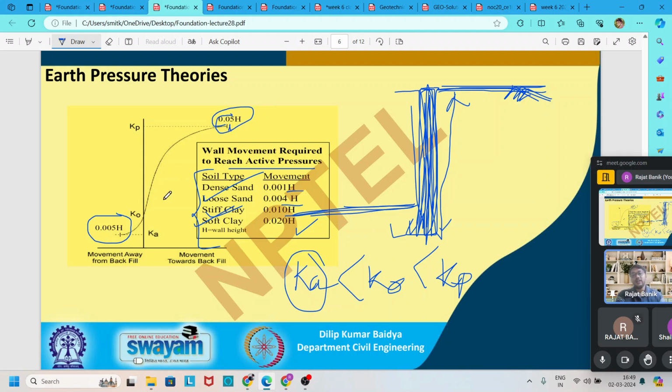But the force created by the active earth pressure is larger than in the other cases, because the area of the backfill material where it is exerted is higher than the area of this part. So the force is more in active earth pressure, but the pressure is less. In passive, the pressure is more, but the force is less.